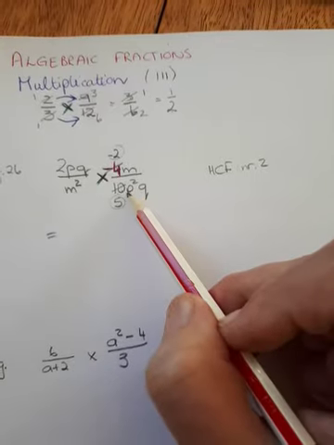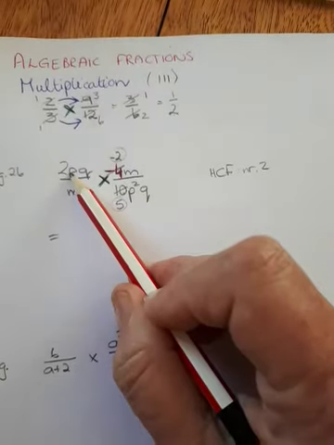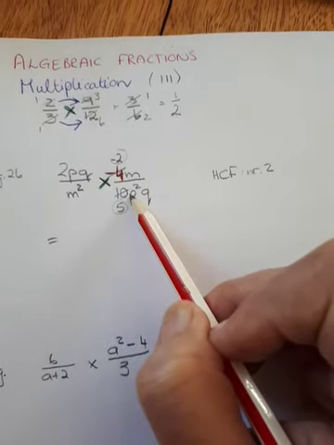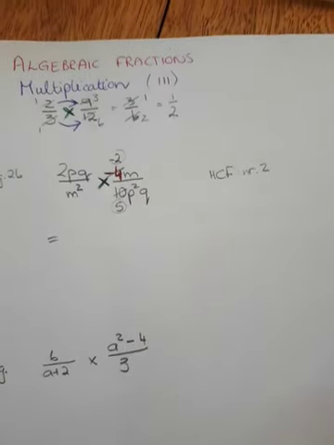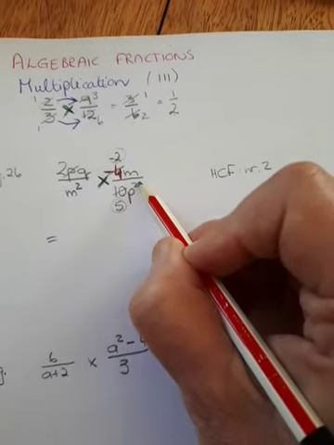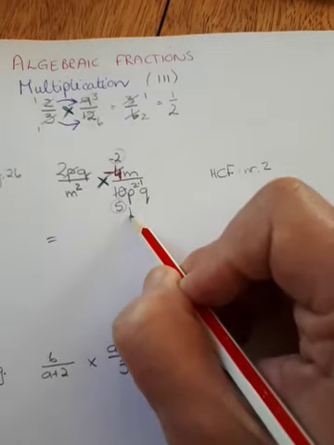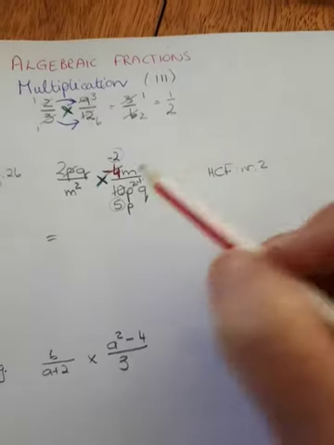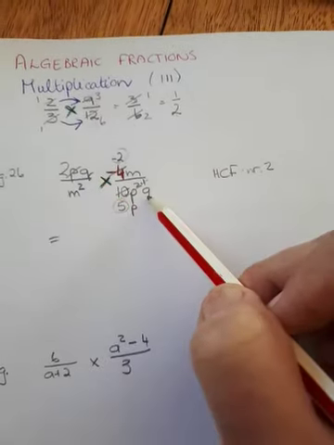Then I can see p squared there and p. When we divide powers with the same base, we subtract the index. So I cancel the p, I subtract the 1 here, which gives me p as a remainder. Right, then I have q divided by q.